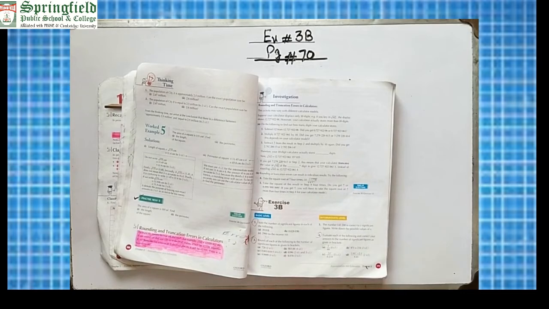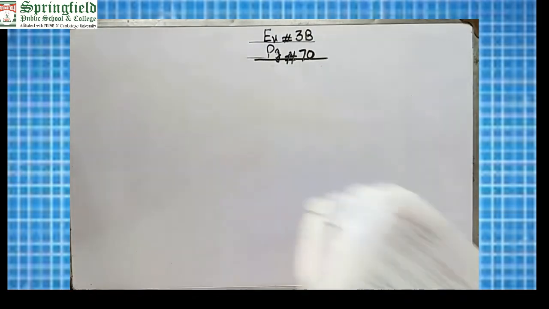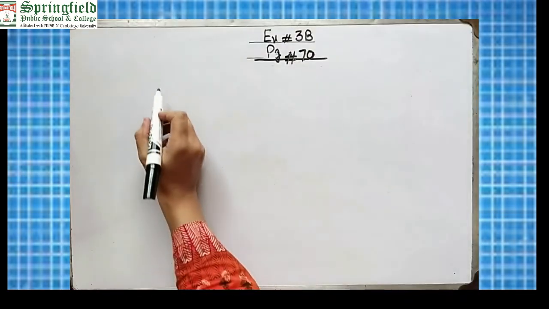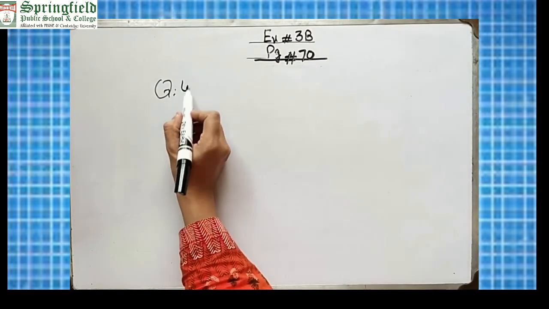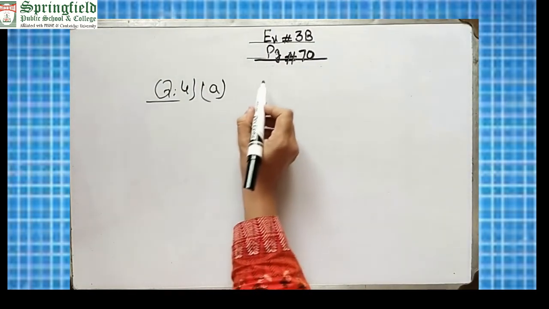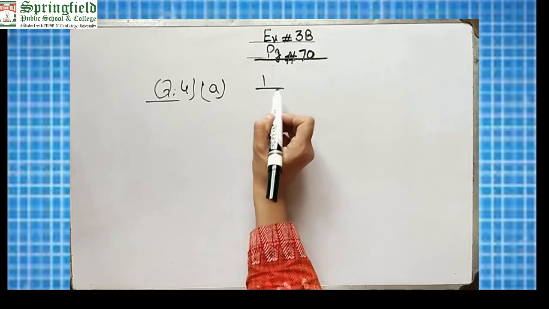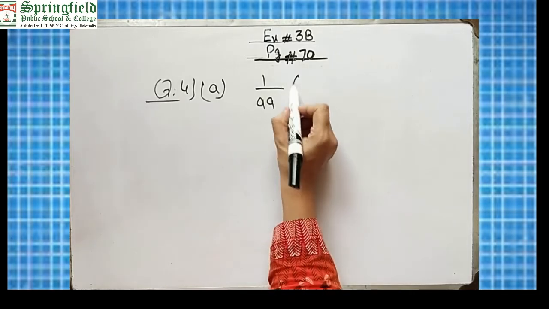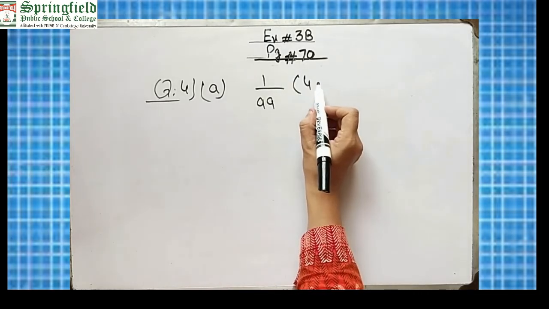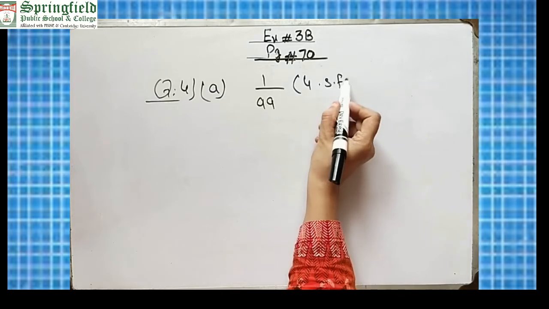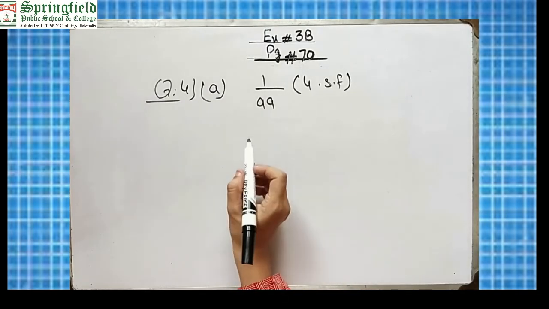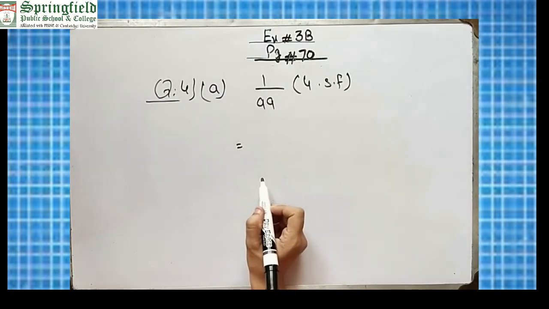Now question number 4 says: evaluate each of the following and correct your answer to the number of significant figures as given in the bracket. The first part, the given value is 1 divided by 99, and they are saying round off this number to 4 significant figures.